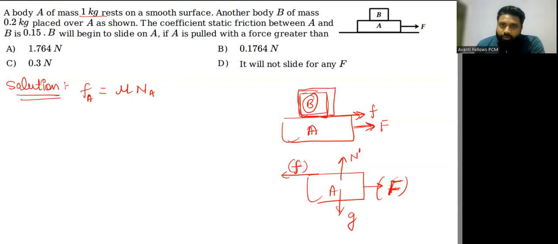Block B also exerts a force on this block in the downward direction, exactly equal to the weight of block B, which also acts as a force on block A. The mass of block B is 0.2, so 0.2 into g is the force acting on A by B. Now you can calculate the normal reaction.